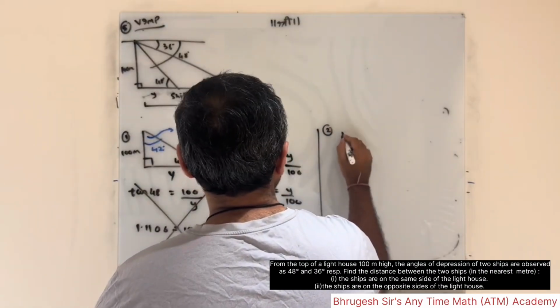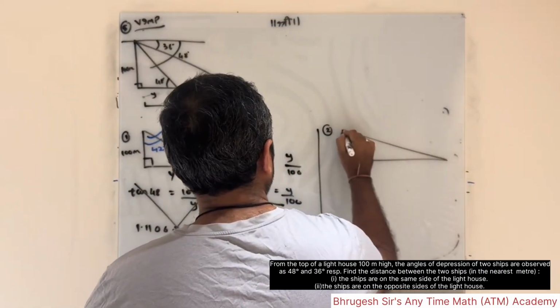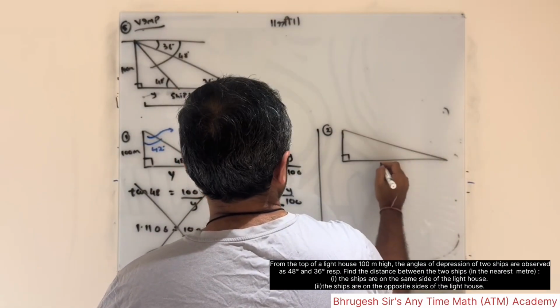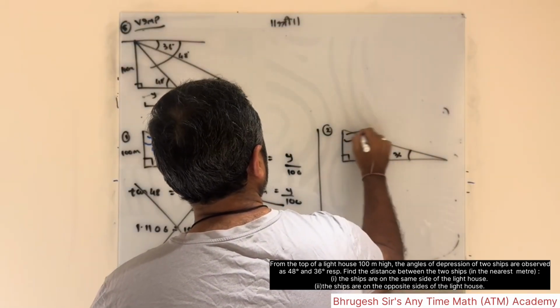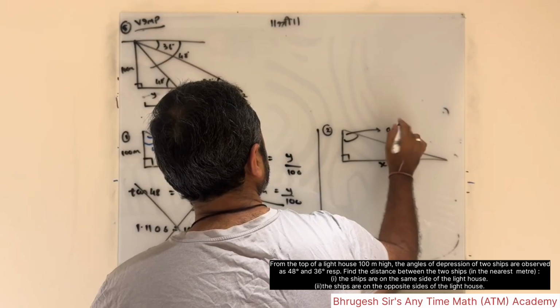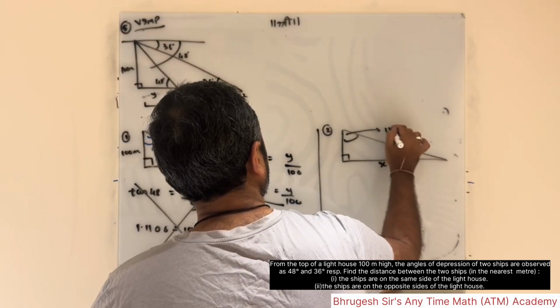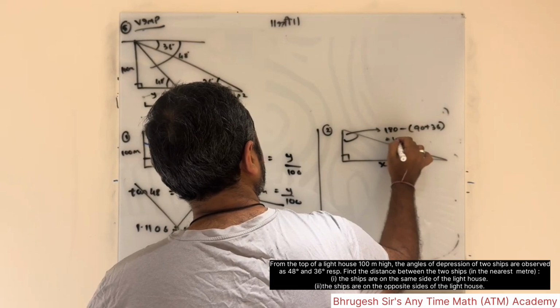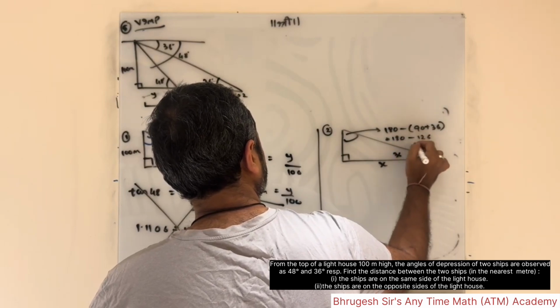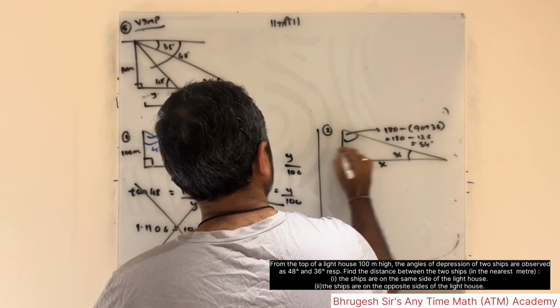Second step, ये कौन सा एंगल है 36. तो बेटा ये एंगल becomes 180 minus 126, 54 degrees.